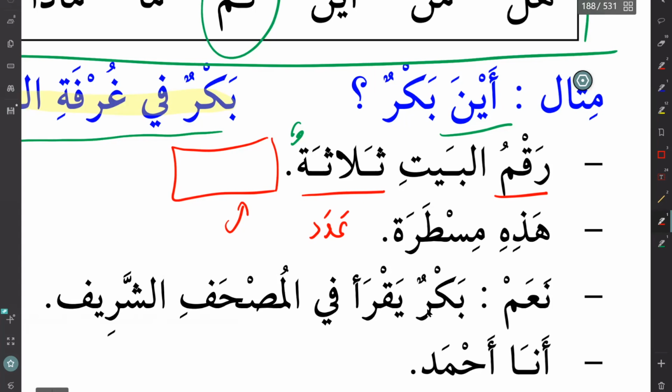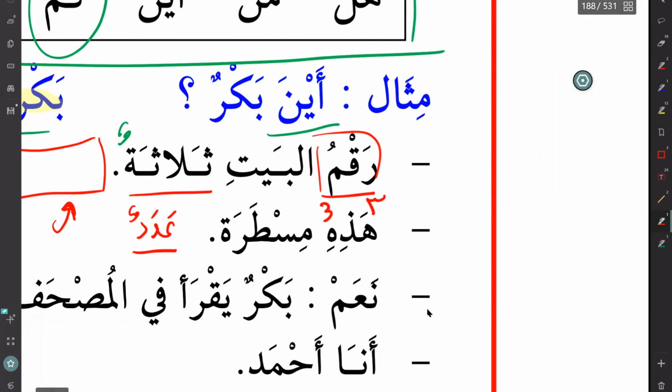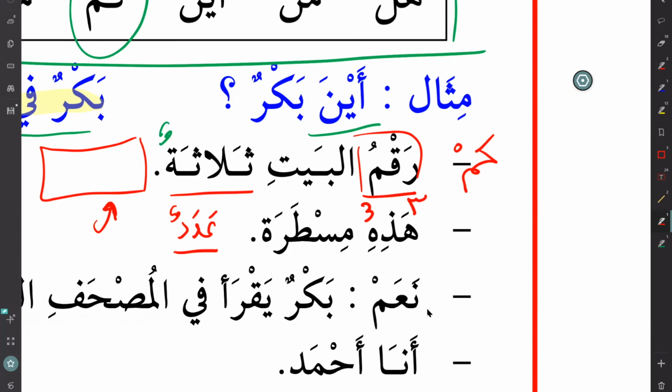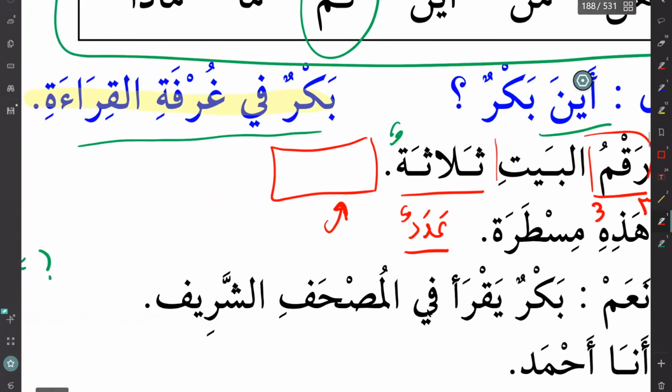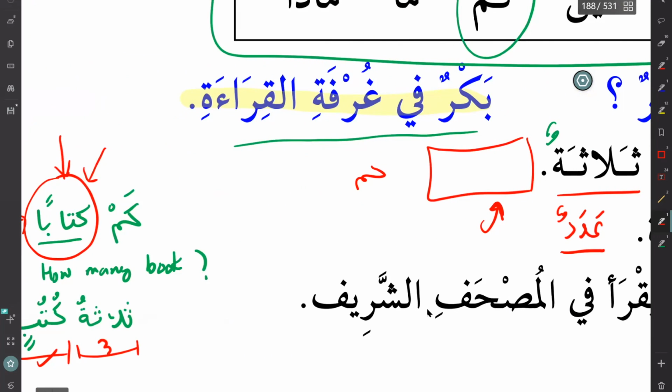Adad is also number. Here we can assume that it would be thalathatu adad. The thing that we're asking about is actually missing. In this kind of situation, we can just simply use the word kam and leave everything else the way it is. So basically we can say up until here, so maybe you can write it here. So you can say kam raqmul bayti.